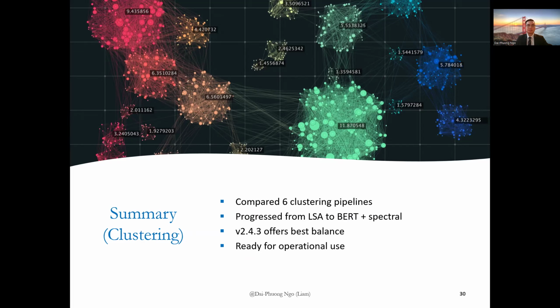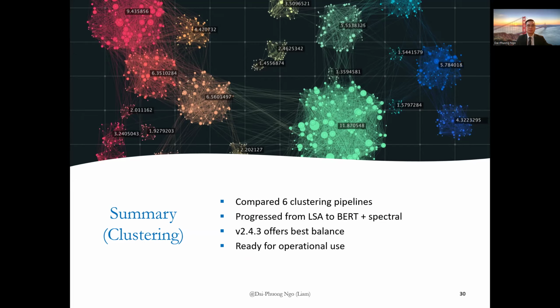To summarize the clustering portion of this project, I compared 6 different pipelines across classical and modern NLP representations. My work begins with TF-IDF and LSA baselines, progresses through POS filtering and spectral clustering, and culminates in a BERT-based Nyström spectral approach.